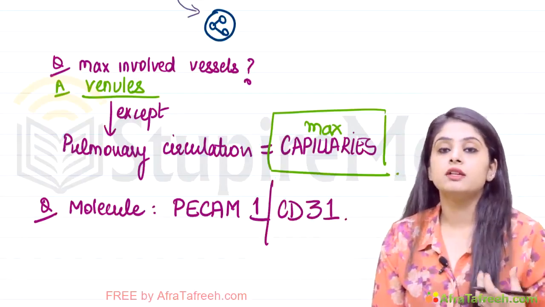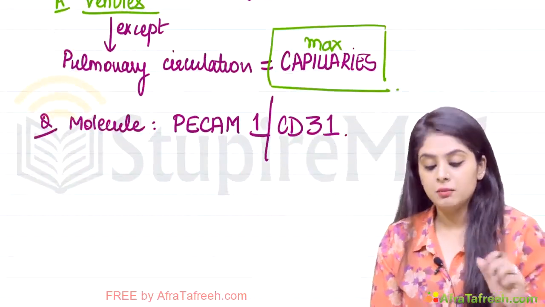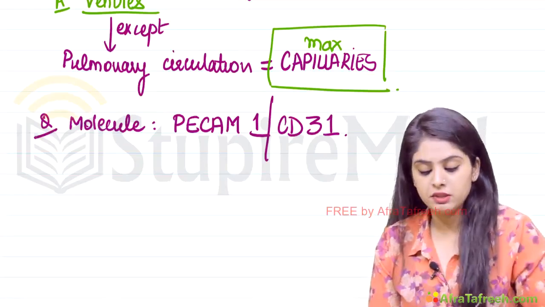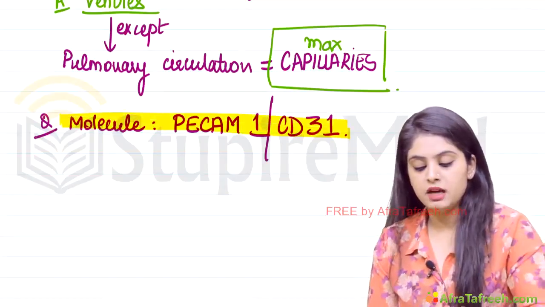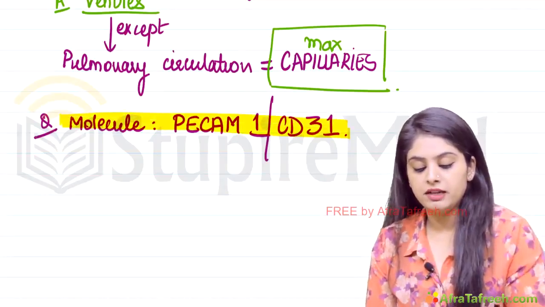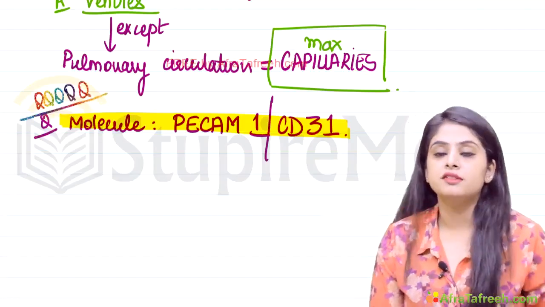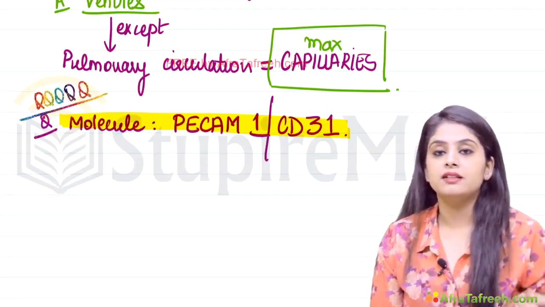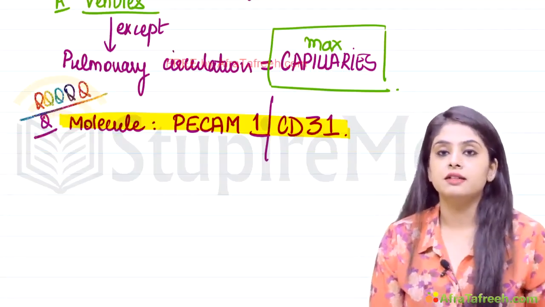Again, another marker in our CD list has increased, but remember, this happens to be one of the most important because this particular question has been asked n number of times in the exam. For some reason, the examiners love this question. What is the molecule that is mediating transmigration? That is PECAM1 or CD31.